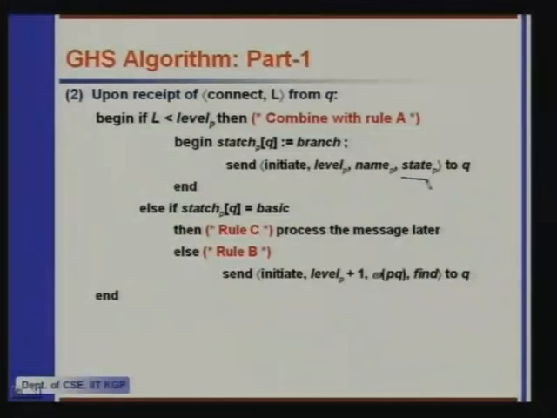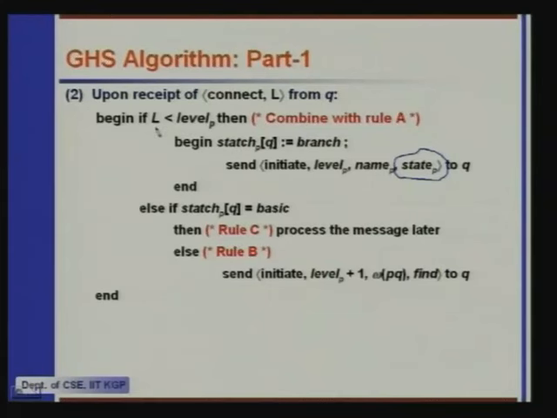That is why state P is also being sent along with the initiate message. Now, this is one case, the combination with rule A. We will see what happens when the processes receive the initiate message in due course of time. Now, let us look at the other cases.